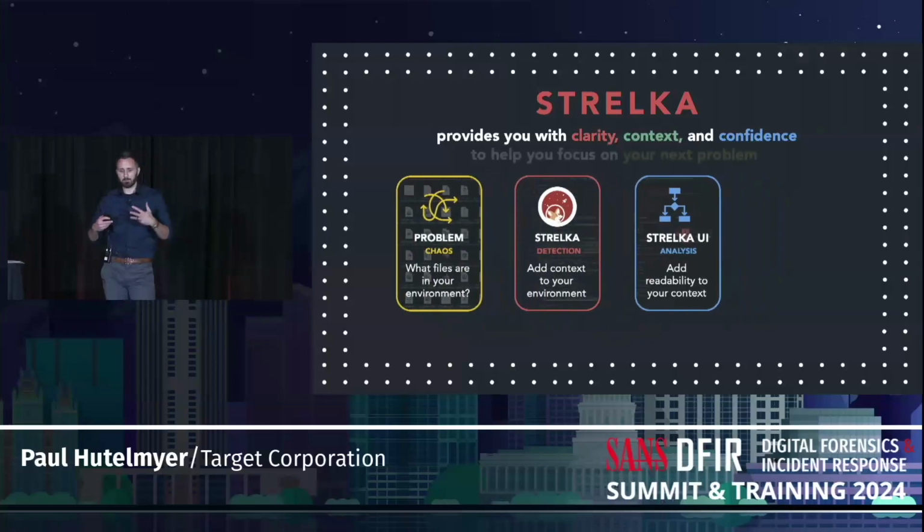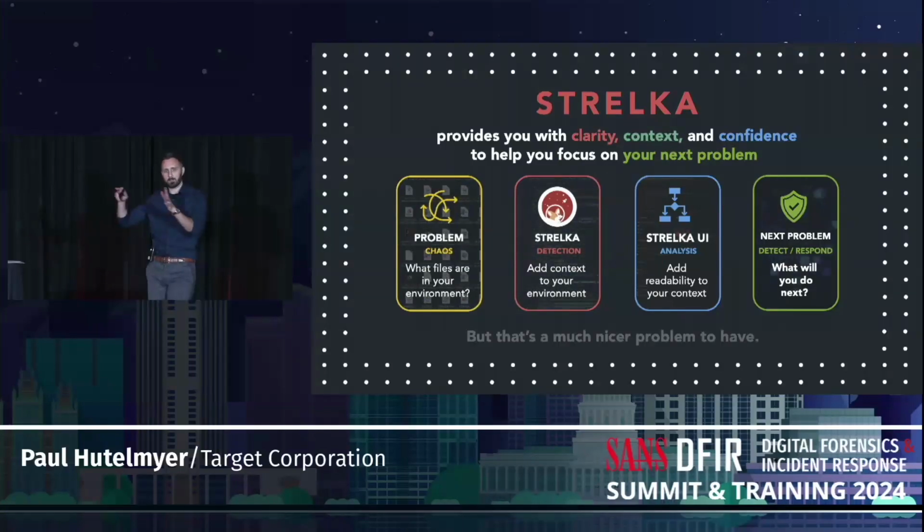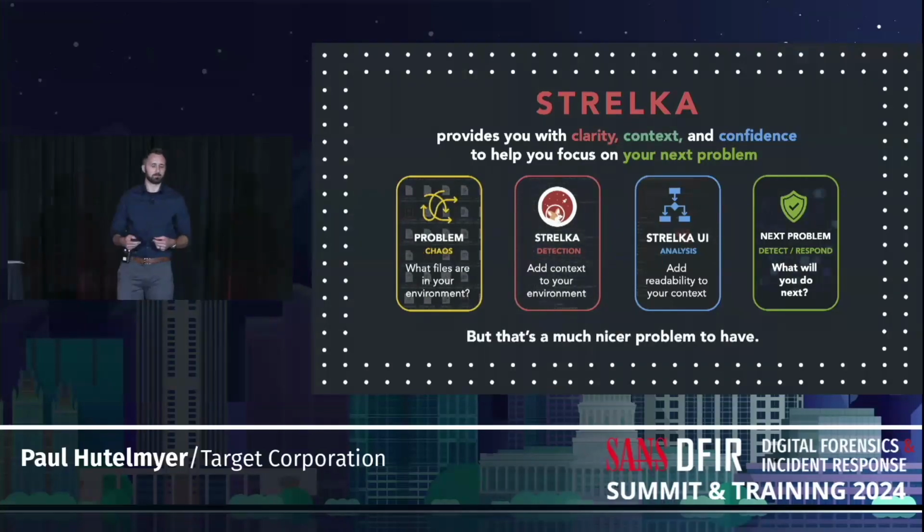So you don't have to worry about visibility as much. And if you can increase your confidence through detection, and maybe increase your efficiency in your file analysis response, you can actually focus on the actual problem, which is doing the analysis itself, closing out that case. That's a much nicer problem to have.